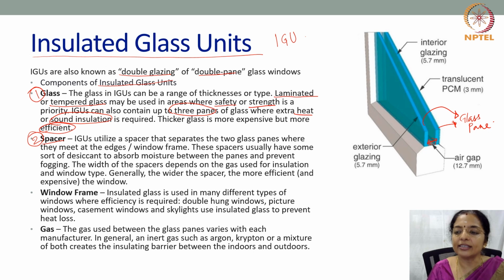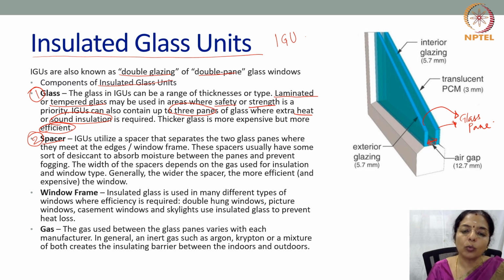You need a spacer, and this spacer usually has some sort of desiccant to absorb the moisture between the panes and prevent fogging. The width of the spacer depends on the gas used for insulation and the window type.